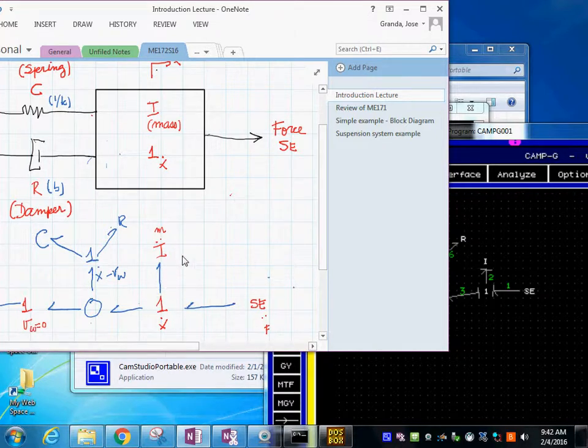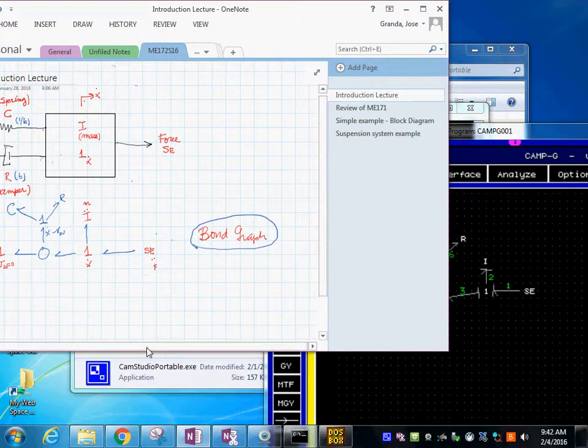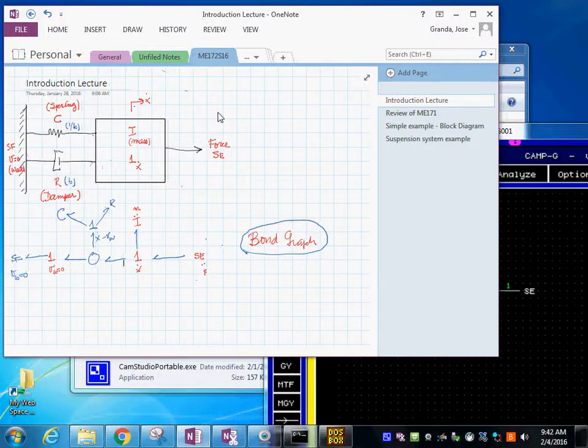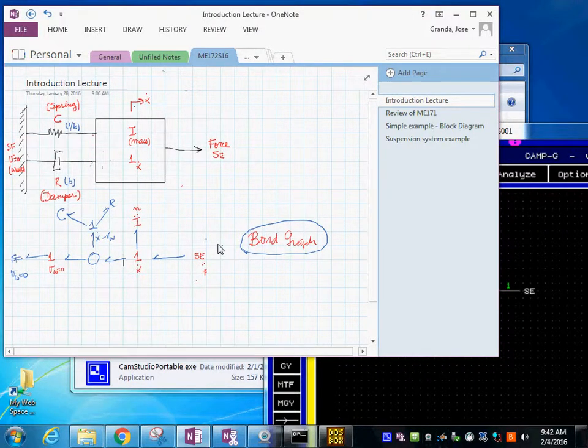We have represented it in an easy way. So what I'm trying to tell you is forces over here, then you have mass over here. The C and the R element, the spring and the damper are here, and the wall is here. So we need to put the values on this.